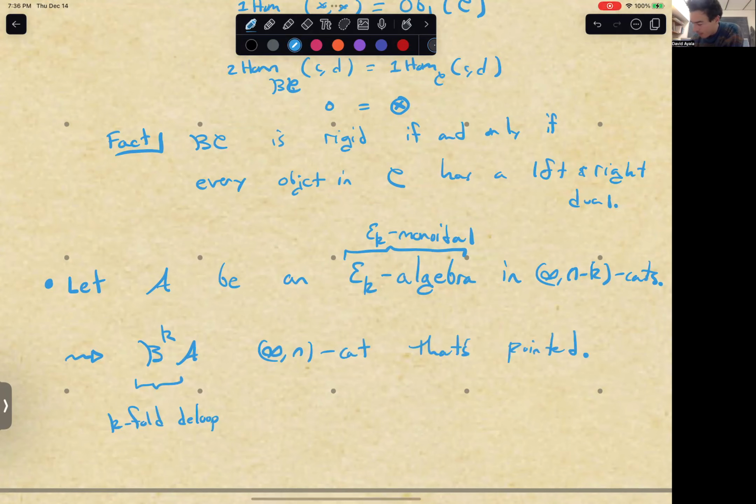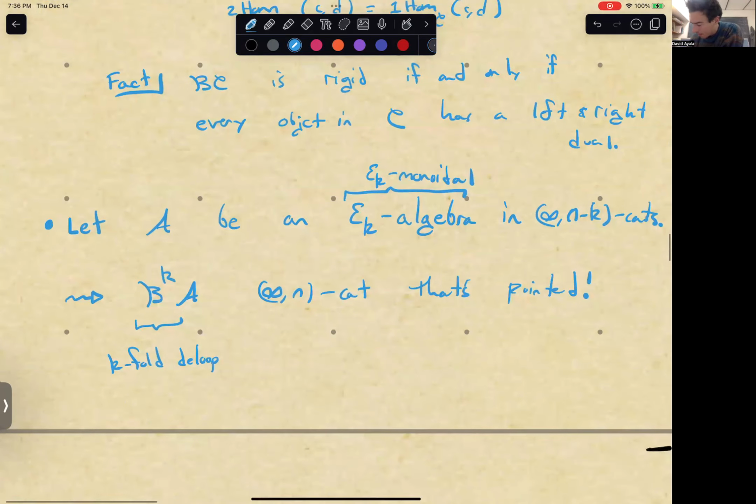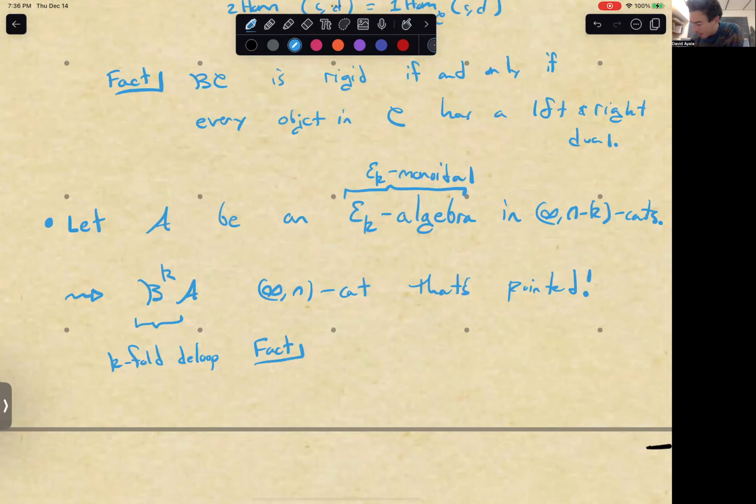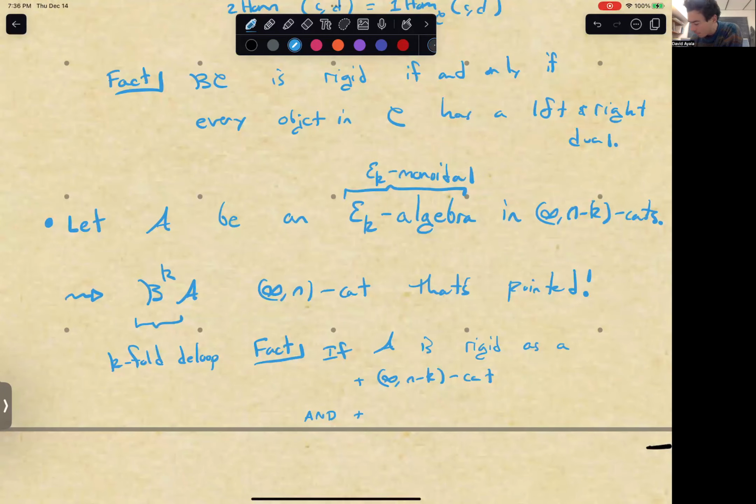And there's a similar fact: if A is rigid as an infinity n minus k category, and as a monoidal category, you can just look at the underlying one category, then that's the same as B^k A being rigid.